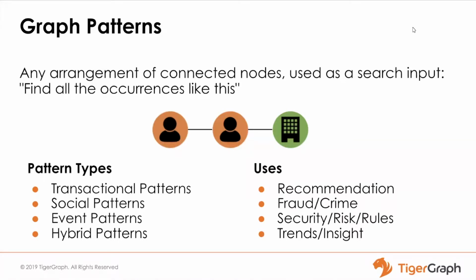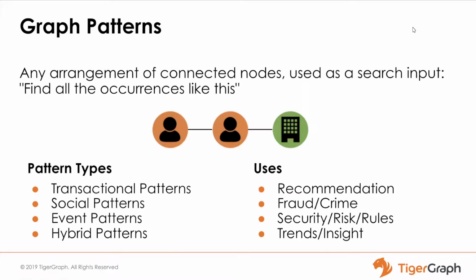So what kind of data you have determines what kind of patterns you can search for. You might have transactional data, so you search for transactional patterns. It could be social, like I said, somebody is related to somebody else. These could be events that you're recording. Transactions themselves are events, but there are other types of events. Did somebody log in to your system? Are you trying to collect security information?